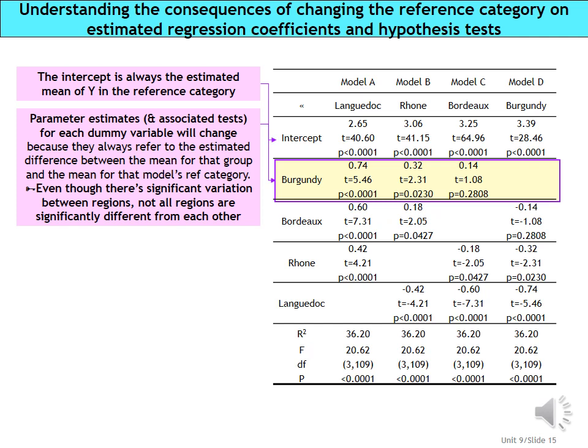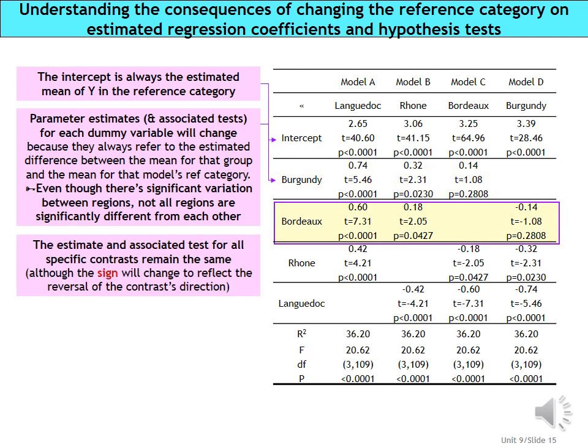Even though there's significant variation between the regions, not all regions are significantly different from each other. The estimate and associated test for all specific contrasts remain the same, although the sign will change to reflect the reversal of the contrast. That's what we also discussed.